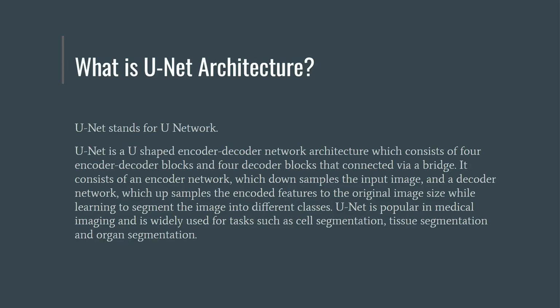Now we can talk about the UNet architecture. From the name, we can say that it is a U-shaped network. It is basically an encoder-decoder network which consists of four encoder blocks and four decoder blocks connected via a bridge. It consists of an encoder network which downsamples the input image and a decoder network which upsamples the encoded features.